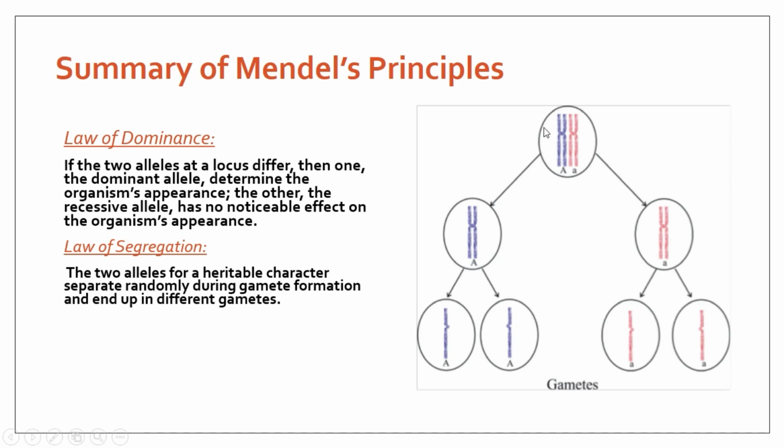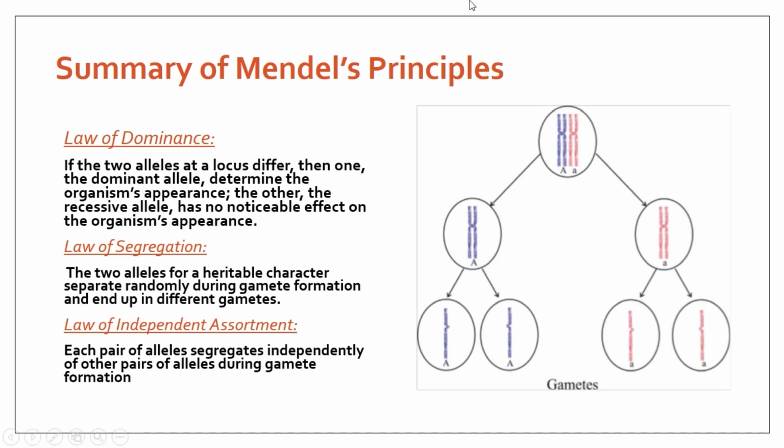During meiotic division, these pairs of chromosomes are segregating, or separating, randomly. No one knows which of these chromosomes will go to which of the eggs or sperms. This is the law of segregation. The two alleles for a heritable character separate randomly during gamete formation and end up in different gametes.